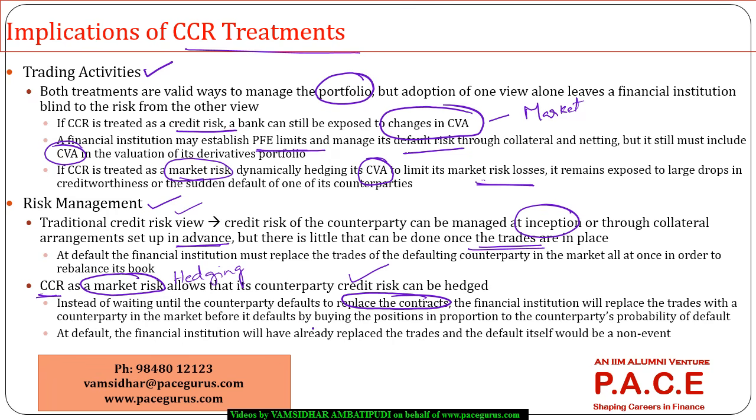Before the default has occurred, I can get into buying positions based on the probability of default of the counterparty. So I really don't need to wait until the default occurs. So risk management becomes more and more effective the moment I start looking at counterparty credit risk as a market risk rather than just looking at it solely as a part of the credit risk, right?